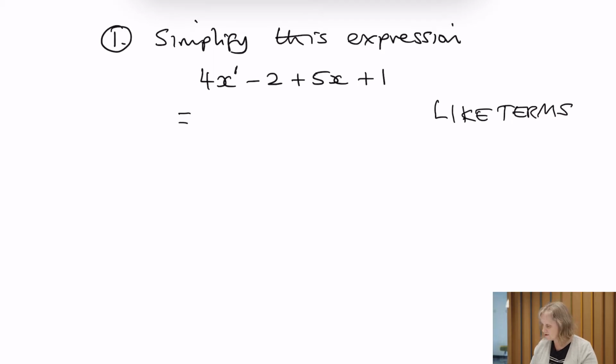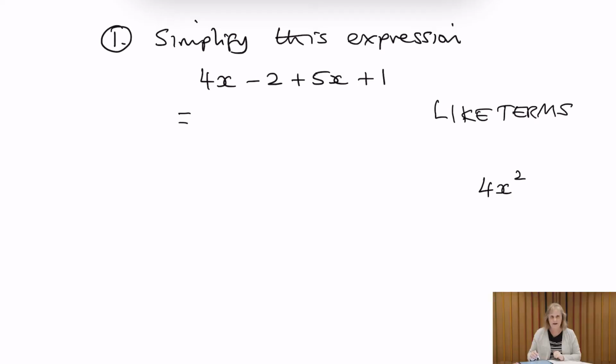If we wanted to say that was 4x squared, then we would have to specifically write in the squared 2 here. So we recognize each of these has an exponent of 1, and we don't normally write that. So I'm just going to erase those now. But we recognize that it is an exponent of +1. So when we're simplifying this expression, we're just going to add together the like terms, this special term that we use here with algebra.